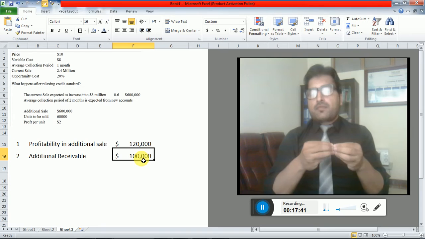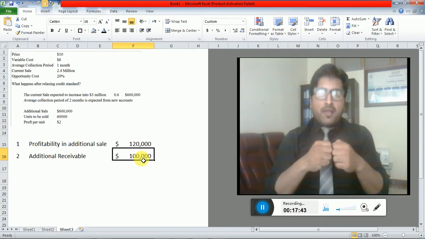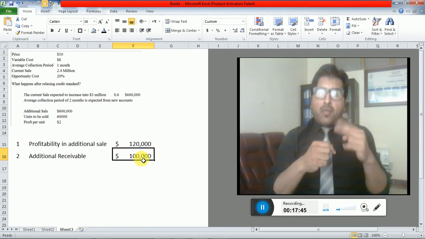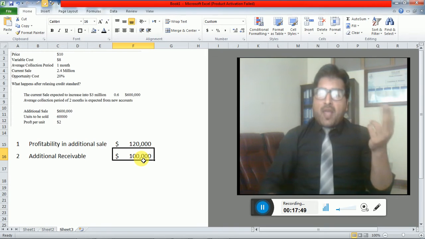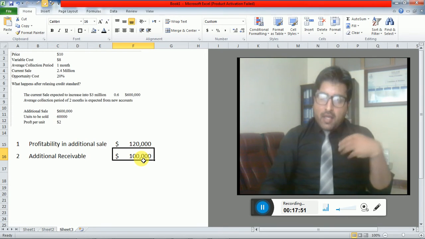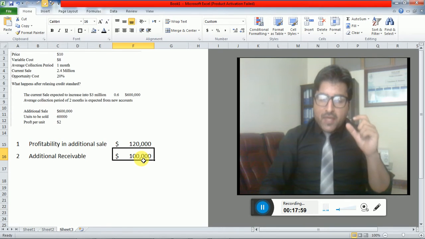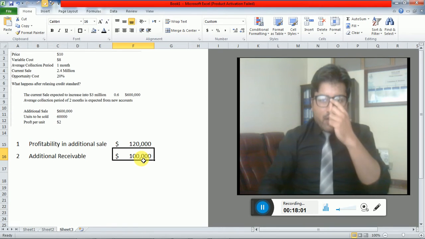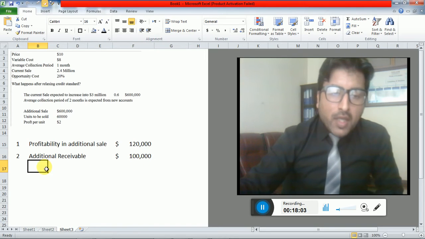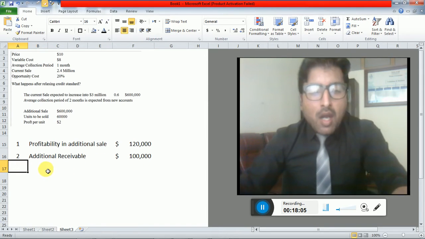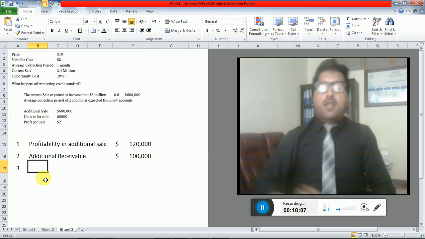So after each 2 months the company, Basket Wonder, is collecting $100,000 from the customers. So in 1 year it equals $600,000.